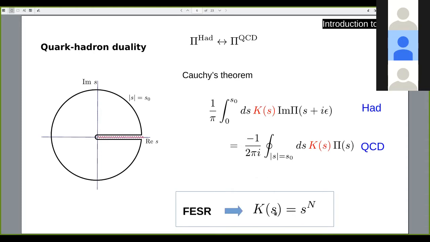For example, in Borel-Laplace there is an exponential function. The advantage is that, as Marcelo mentioned recently, this power cuts the operator product expansion series. At some point the series in operators is truncated depending on the power of this weight function, the kernel.